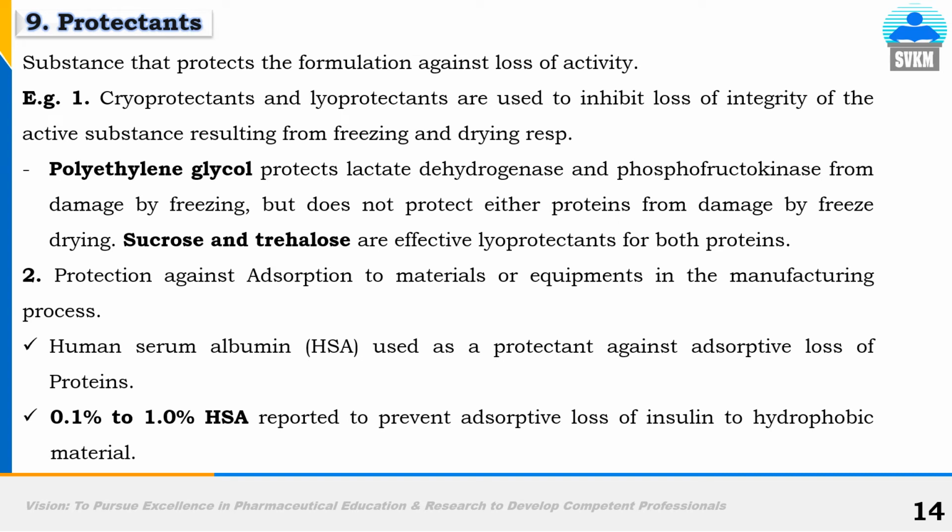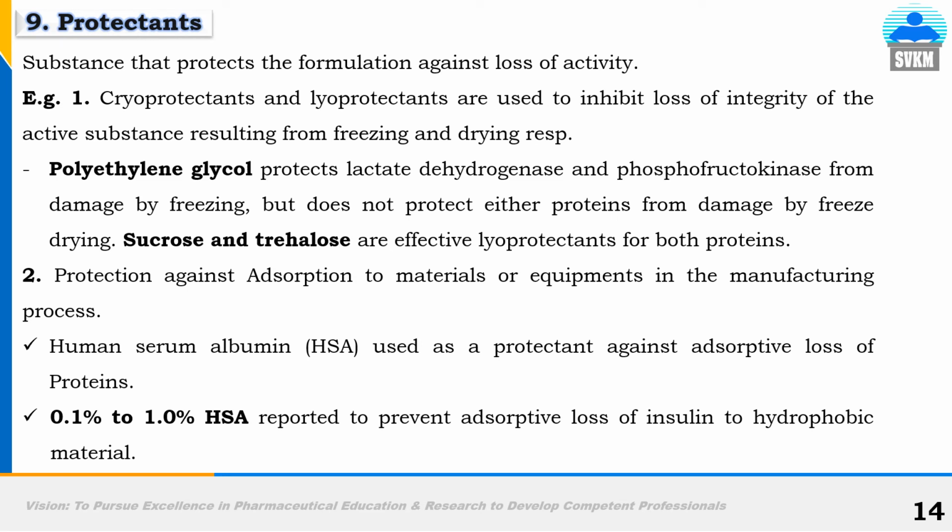Polyethylene glycol is an example which will protect lactate dehydrogenase and phosphofructokinase from damage by the freezing step, but it cannot protect either of the proteins from damage by freeze drying. For this, we have to utilize sucrose and trehalose for both the proteins. Then protectants can be utilized against the adsorption of the material on the equipment in the manufacturing process.